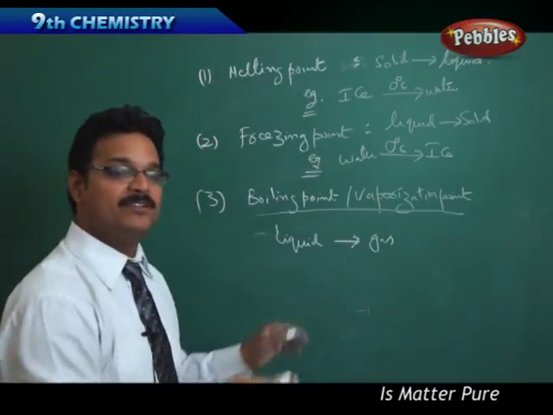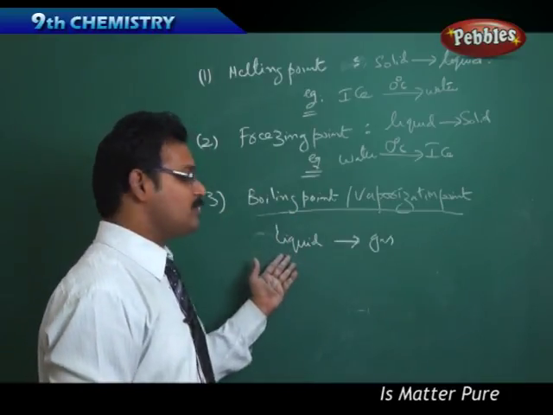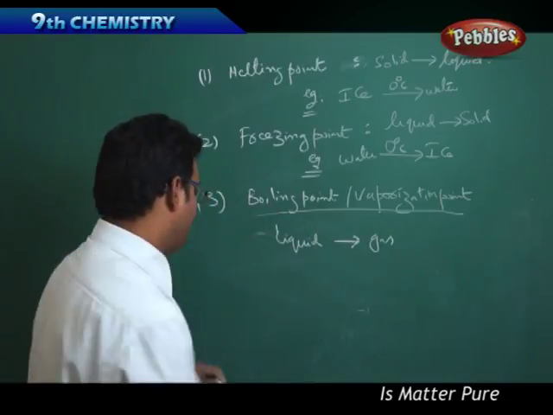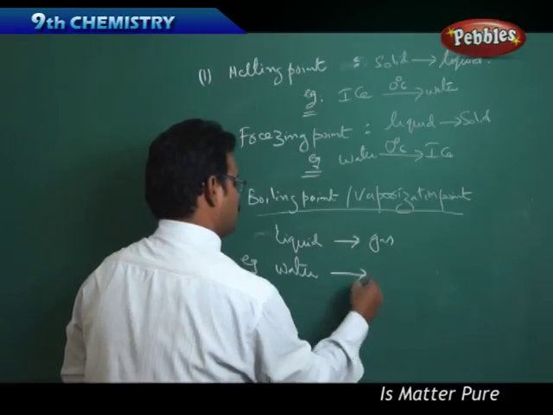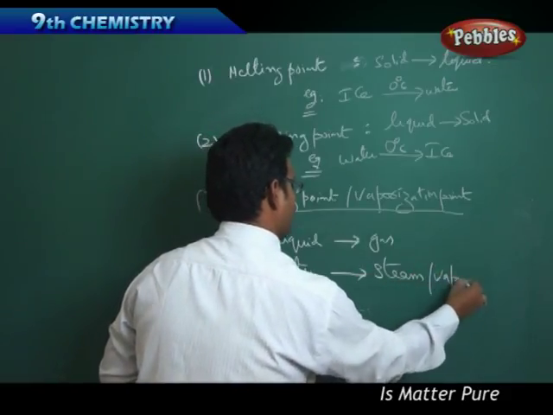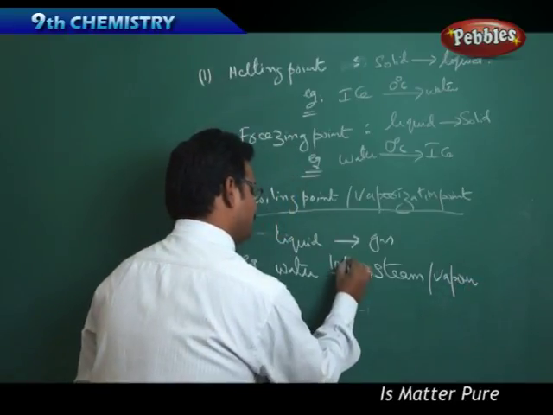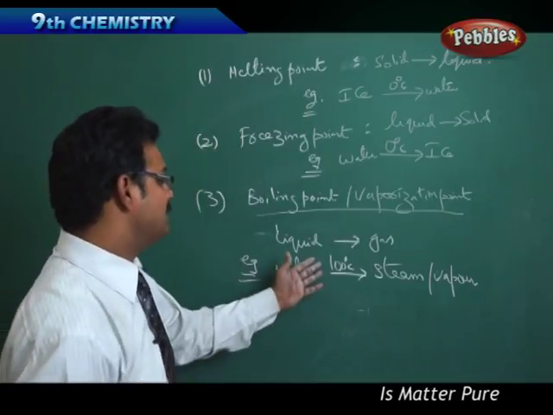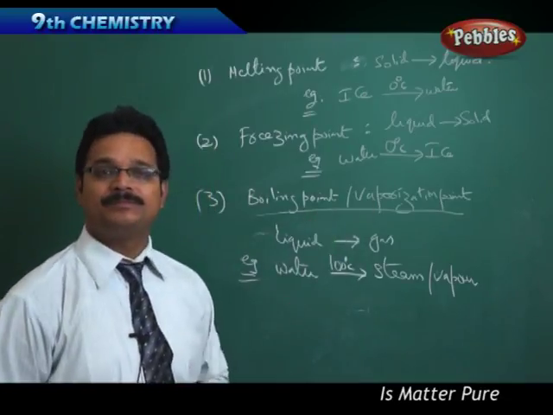You can give the definition: it is the temperature at which liquid changes to gas. If you take the example of water, it changes to steam, I can say vapor. So water changes to steam or vapor at 100 degrees Celsius. So 100 degrees Celsius is called the boiling point. It is also called the vaporization point.